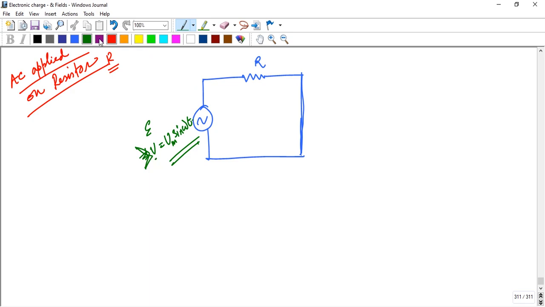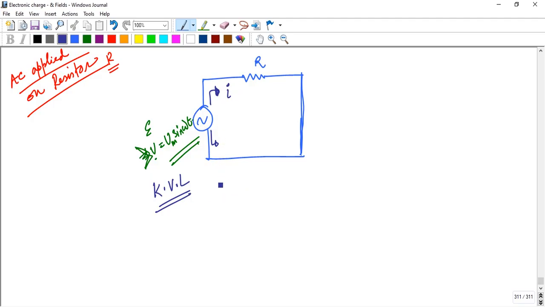Now apply KVL here. The current direction is one direction, and after some time the current direction is reversed. That's why it is AC.